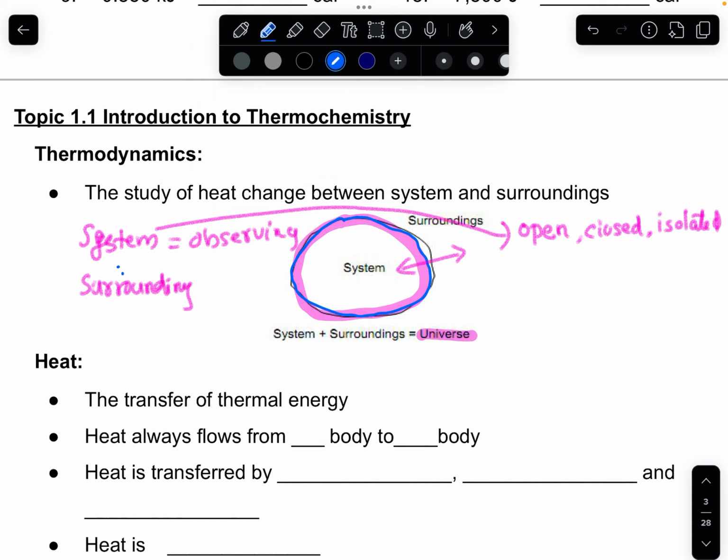Okay, so for example, if you have a hot cup of tea or a coffee, that is an example of an open system, because we know that some of the water molecules will evaporate and it can easily exchange energy. That means it will exchange both matter and energy with the surroundings. This system is open and it will exchange both matter and energy.